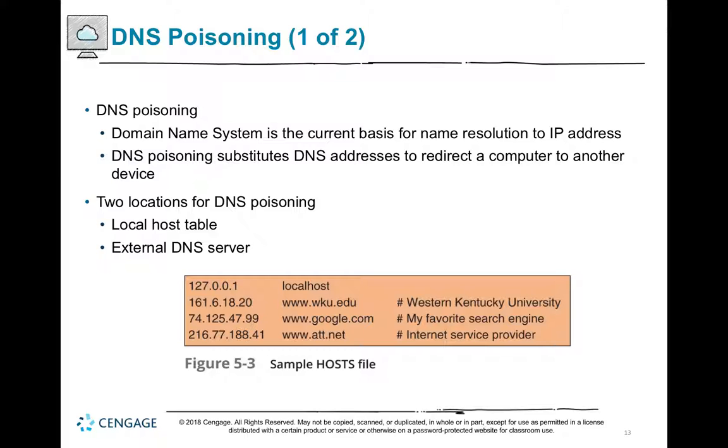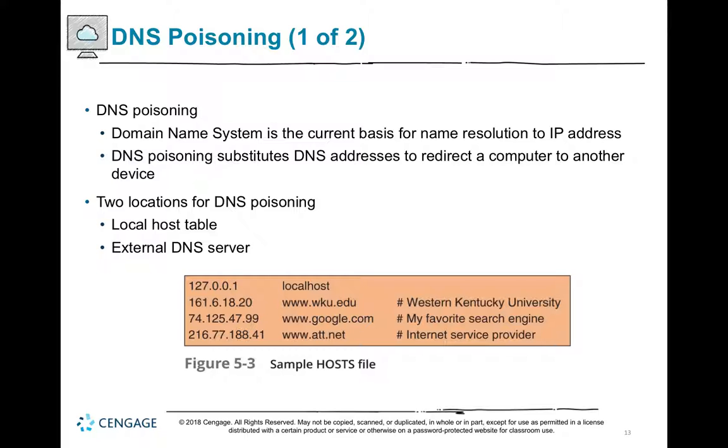DNS servers serve to inform systems of other IP addresses. That allows for wide area networking, or WAN networking. So instead of having to know ahead of time the IP address of Google, you can type www.google.com into a browser.